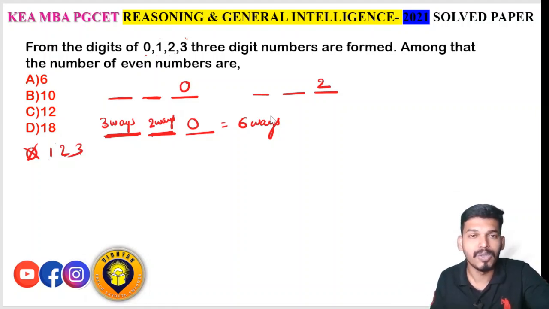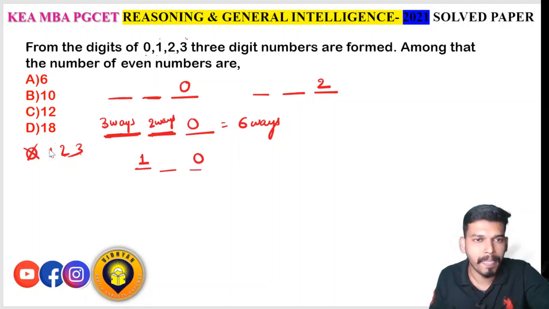Let us see those numbers. See, the last digit has to be 0, right? So suppose I place 1 as the first digit, then in the second place I can place 2, 120, or I can place 3, 130, which is also an even number, right? Now 1 is over.